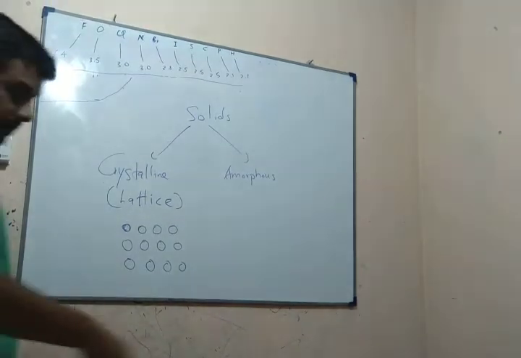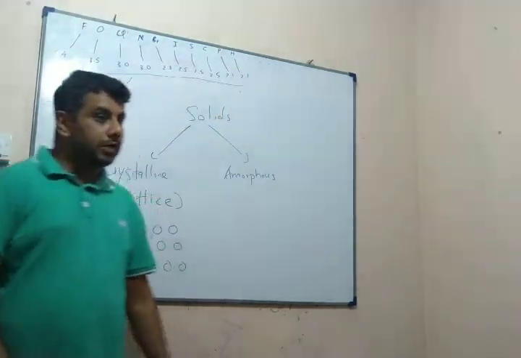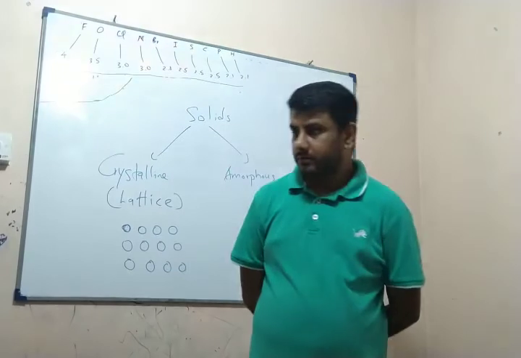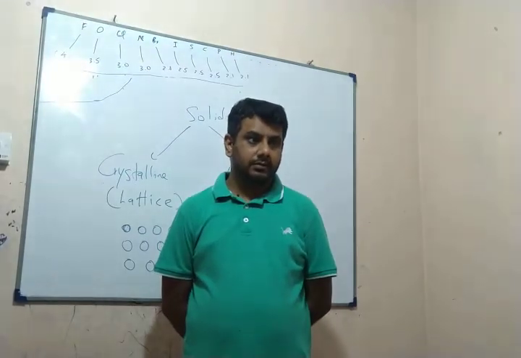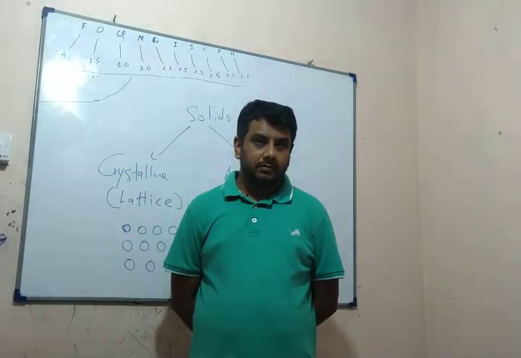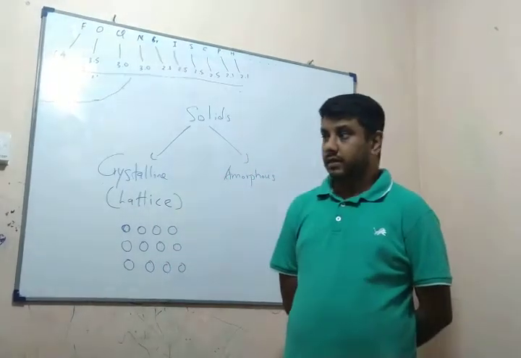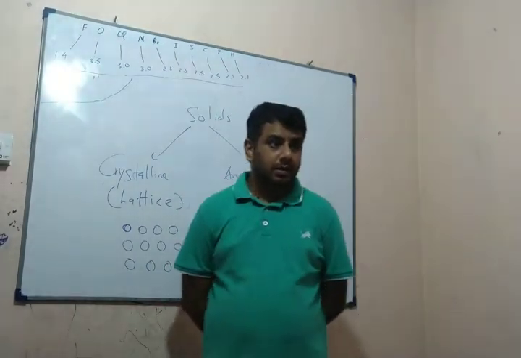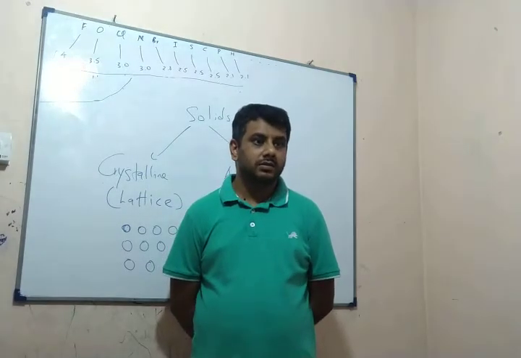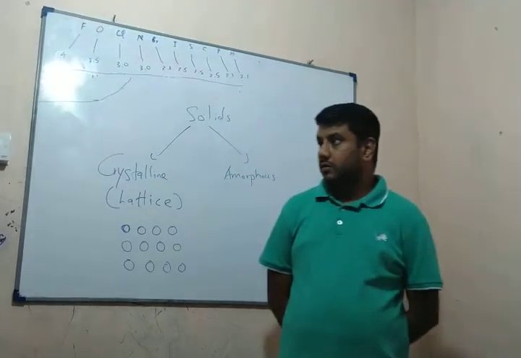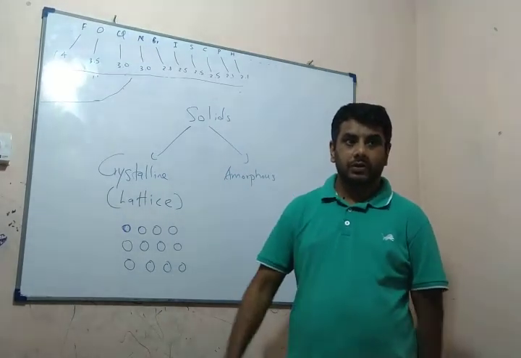All polymers like plastic, polythene. Those are synthetic or artificial polymers. There are some natural polymers: protein, cellulose, starch. Those are natural polymers.